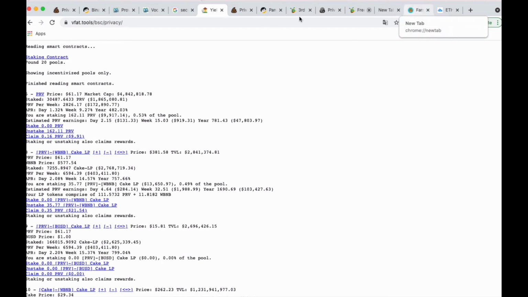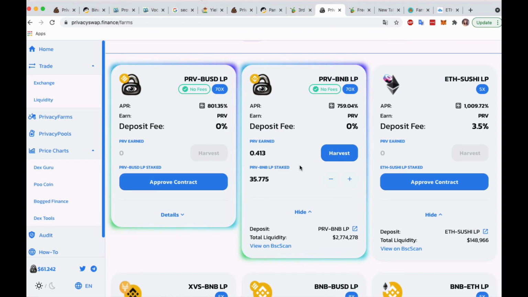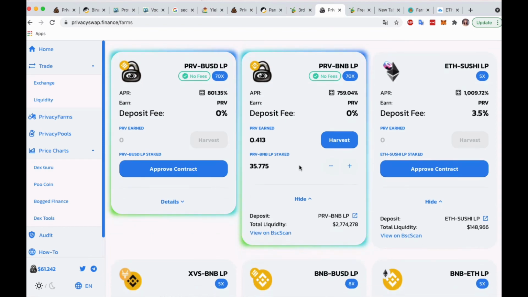So what this means is that when I do it in the farm, let's say if PRV was going to rise a lot, I do not lose out on the opportunity of later having to buy back in only to find out that PRV is now a lot more expensive. So if I'm speculating on PRV, which I am, I will want to put a reasonable amount in PRV BNB, also because I was in fairly early.